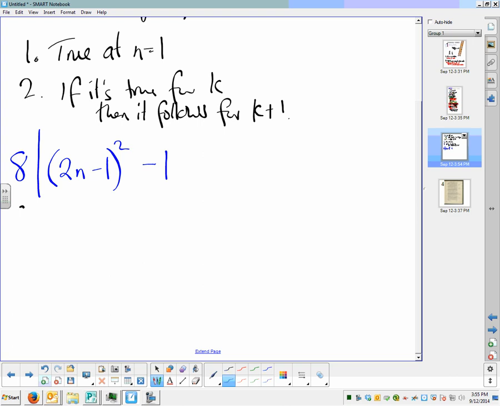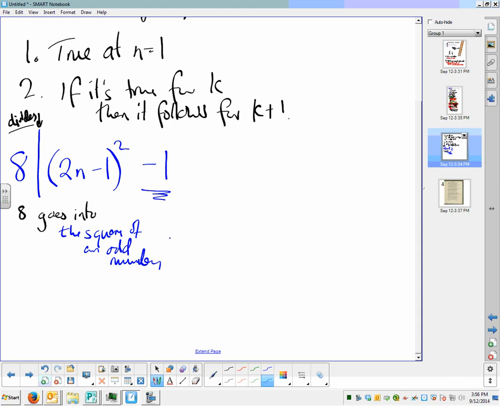That's saying 8 goes into, that's what this symbol means if you've not seen it before. It means divides. So 8 divides, or 8 goes into, the square of an odd number minus 1. So 1 less than the square of an odd number.